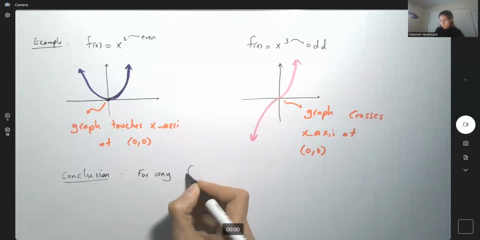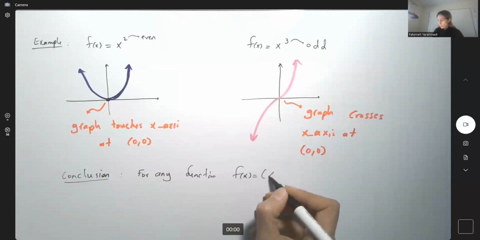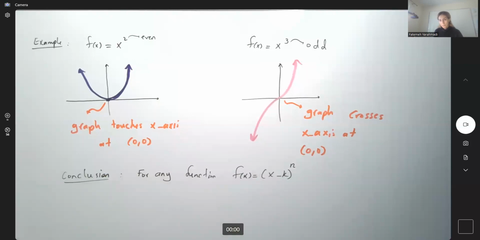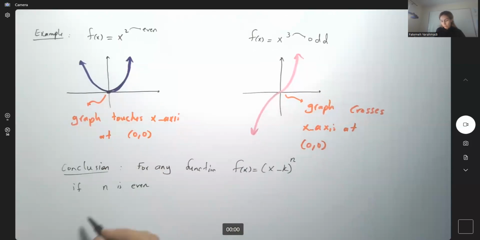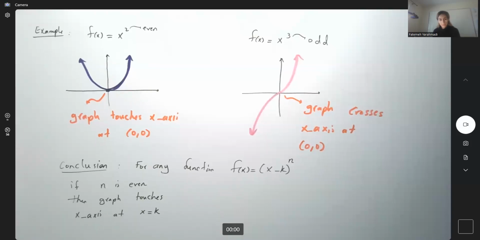for any function f of x equals (x minus k) to the power n, if n is even, then the graph touches the x-axis at x equals k.